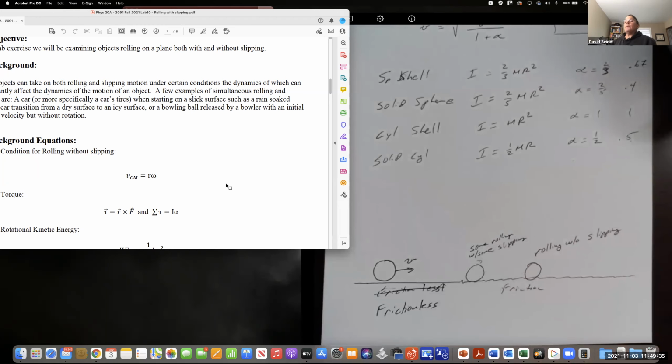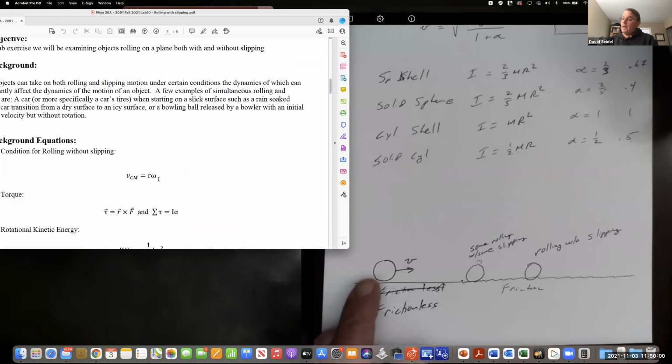Okay, now we can calculate what that distance is based on the friction of the surface. And that's what we're going to do in our lab. We're going to find out when this condition is met. So only when we get rolling without slipping, this condition is met: V center mass equals R omega.